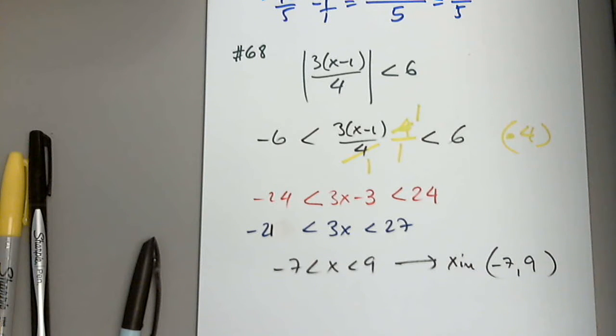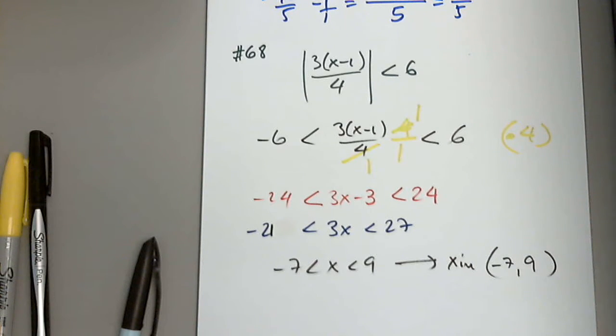Yes, please. So why are you adding 3 to negative 24? Because I want to get rid of this. So I add here. So I owe you $24 and I give you 3. How much do I still owe you? Yes. And then I add 3 here and I only have 3x. And then I have to add here and I have 27.